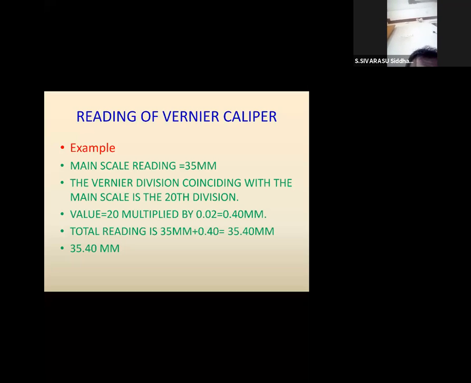Therefore 20 into 0.02 mm gives 0.40 mm, that is 0.4 mm. To get the total value, you have to add the main scale reading and the vernier scale reading. That is the actual measurement of the job. The total reading is 35.4 mm.